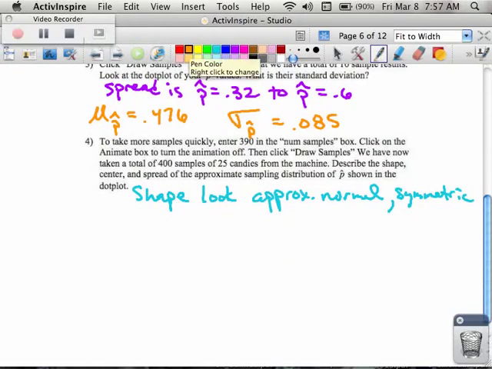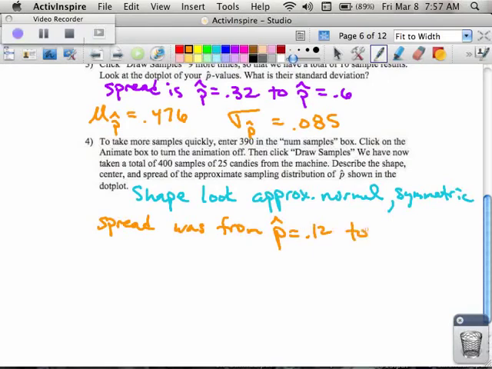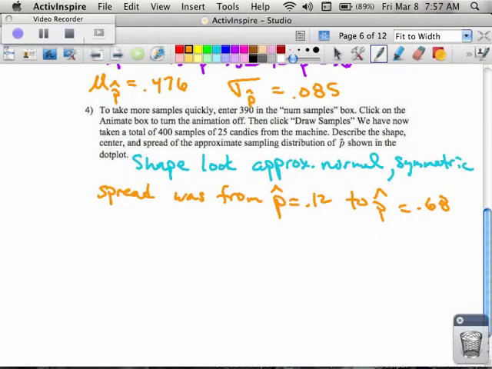The spread was from, it looked like, p hat of 0.12 to p hat of 0.68, I thought, looking at it. Again, this will be different than what you see in the online notes because Mr. Bartz did this and you got something different, I think.